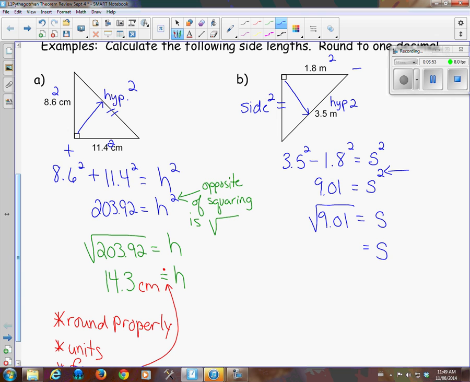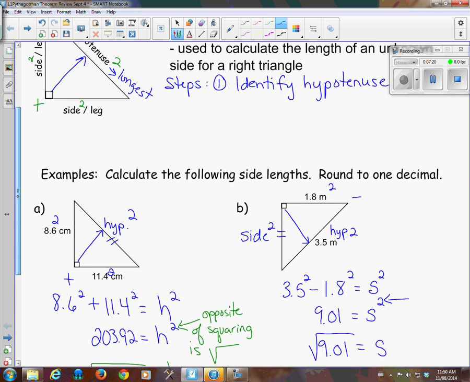So the square root of 9.01 is 3.0. I look at my question, meters, and because I rounded, I put the little dot. So there we've done a Pythagorean theorem question to calculate the hypotenuse in A, and a Pythagorean theorem question to calculate the length of the side in B.